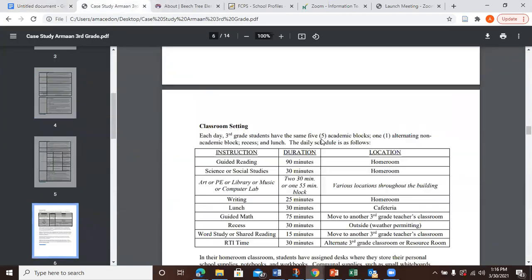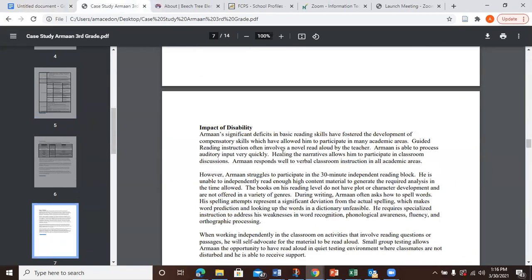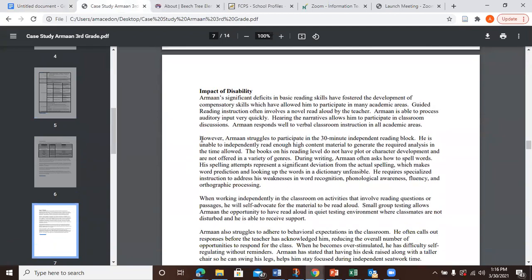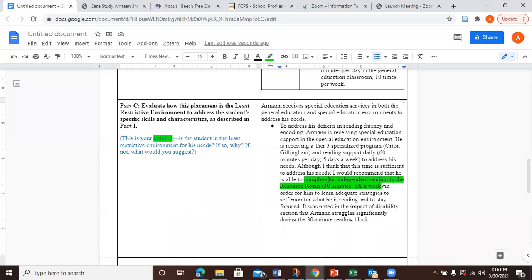So I'm going to go back to the impact of his disability. When I read this paragraph about how much he struggles with the 30-minute independent block, I said I would recommend that he complete his independent reading in the resource room.